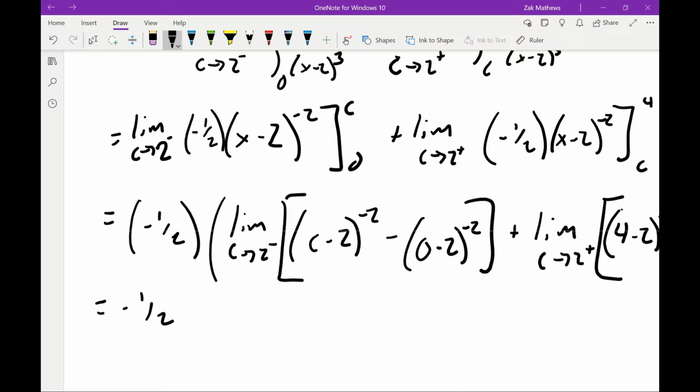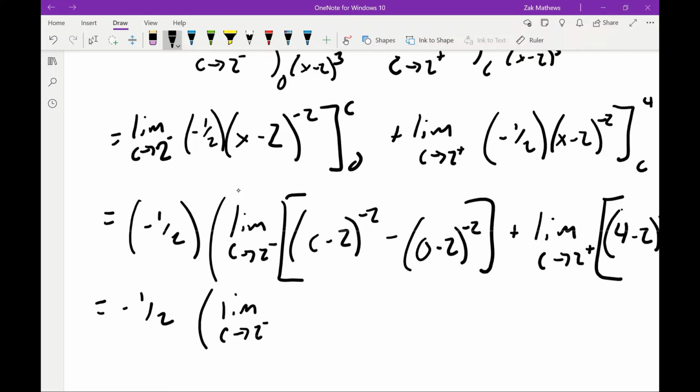So we can do a little simplification here if we want to, but let's think about what happens with these limits. Well, we'd have the limit as c goes to 2 from the left, meaning we're getting infinitely close to 2 on the left. Well, that thing is going to, if we think about positive or negative infinity, 1.9 would be a negative, and then because we're squaring, it's going to be going to positive.